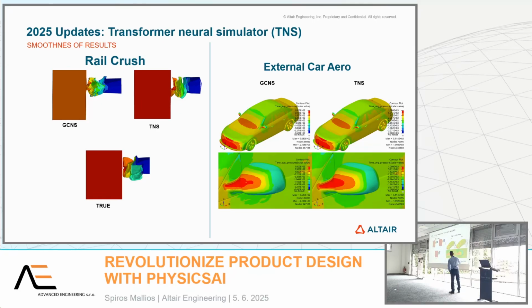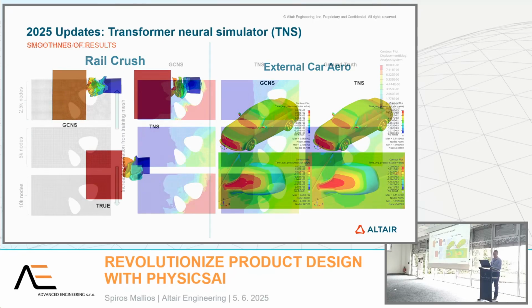The main benefit is that you can get much smoother results in the prediction, both in crash results and on external aero CFD. So it resembles more closely what you would expect from the physical scenario.